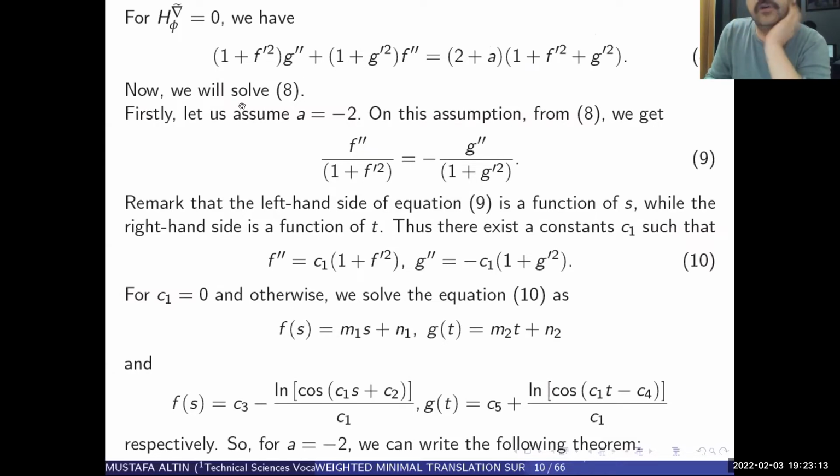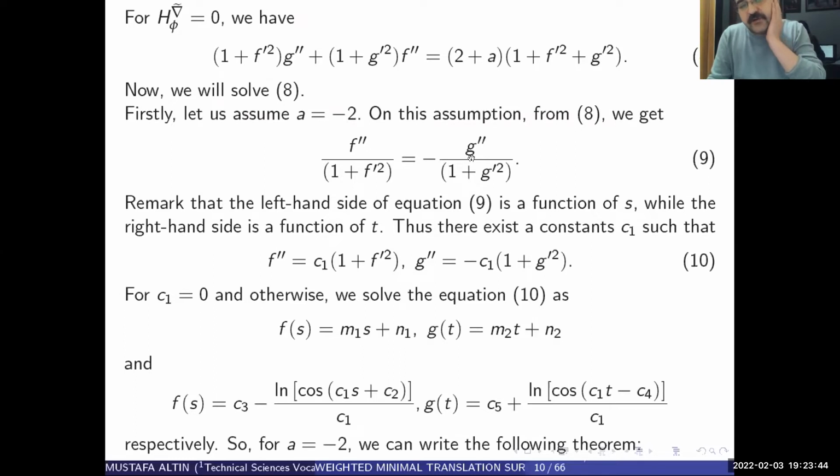Now we will solve equation 8. Firstly, let us assume a is minus 2. On this assumption, from equation 8 we get this equation. The left side of the equation is a function of s, while the right-hand side is a function of t.